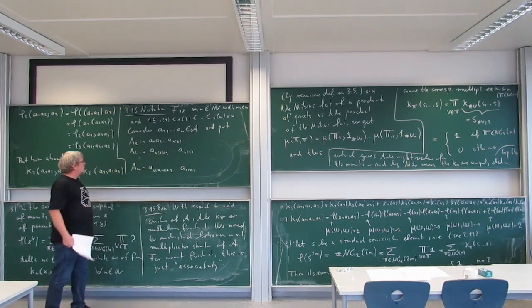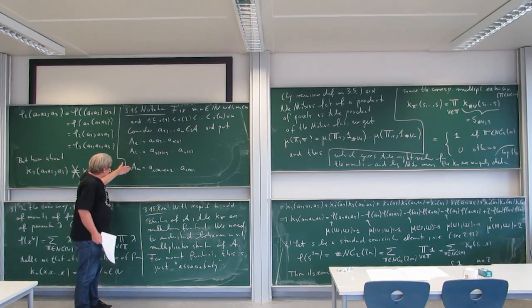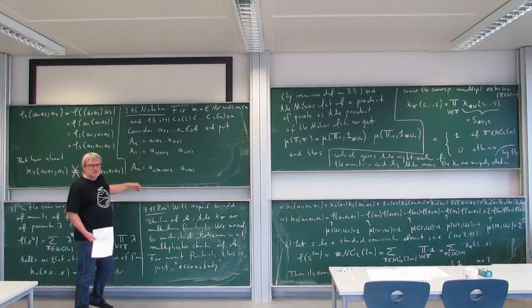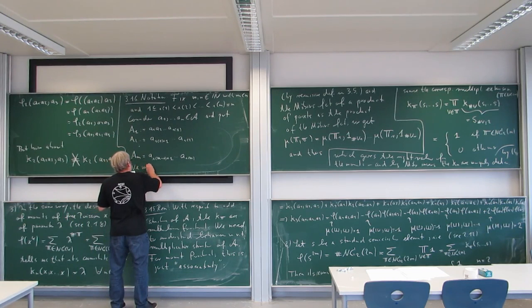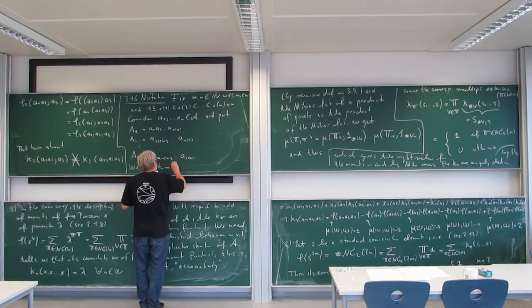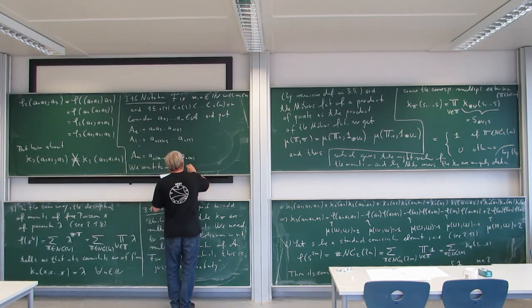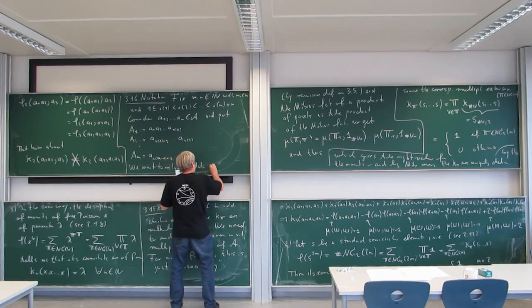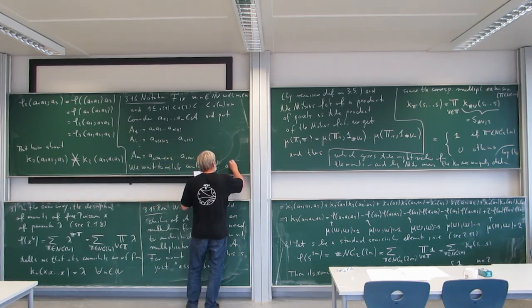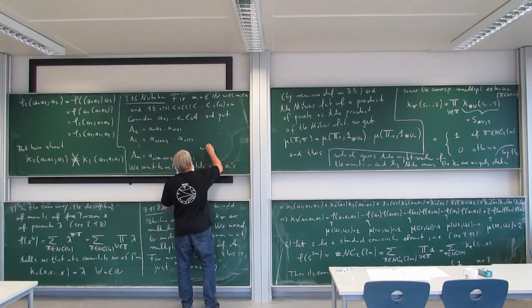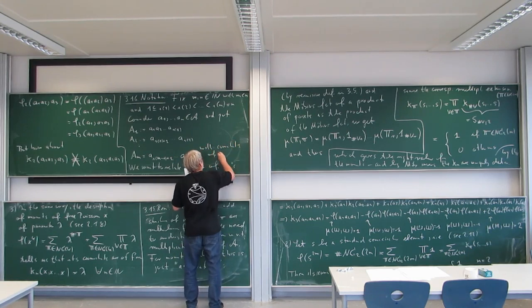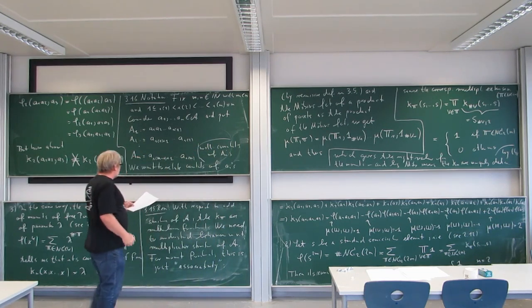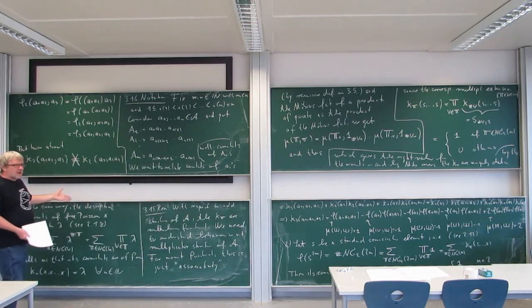Okay, and now we want somehow to relate the cumulants of these capital A's with the cumulants of these little a's. So we want to relate cumulants of the little a's with cumulants of the capital A's. Good. And again, as I said before, on the level of the phi's this is very easy.